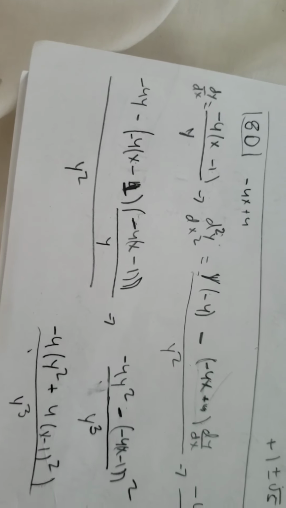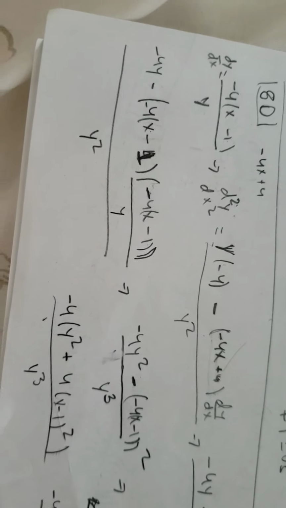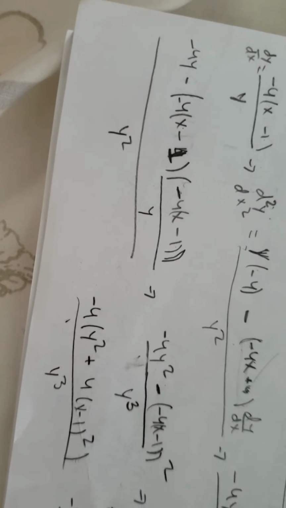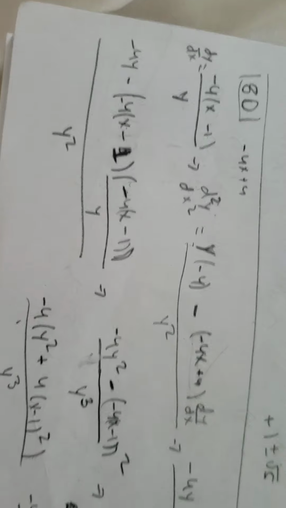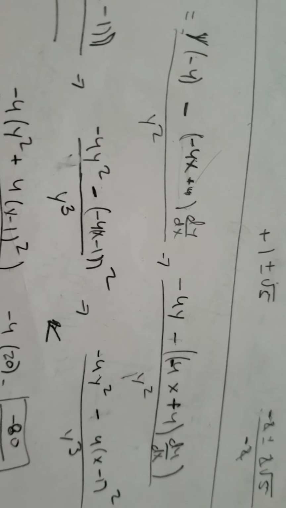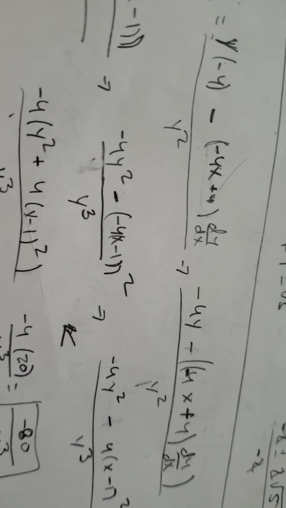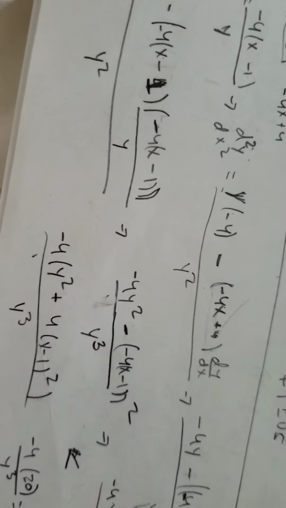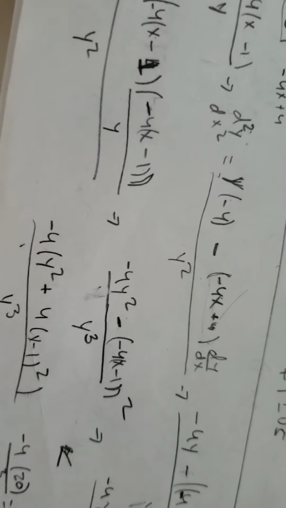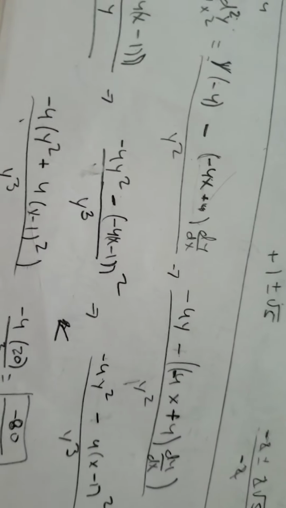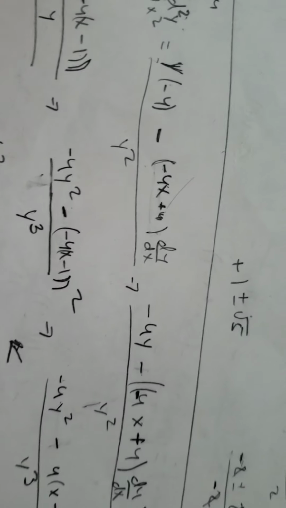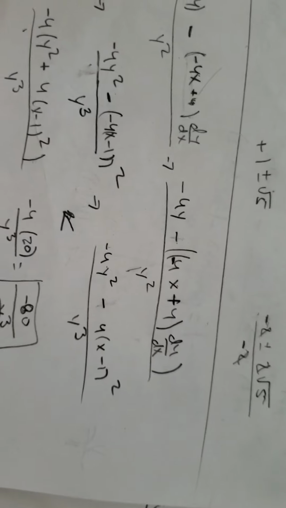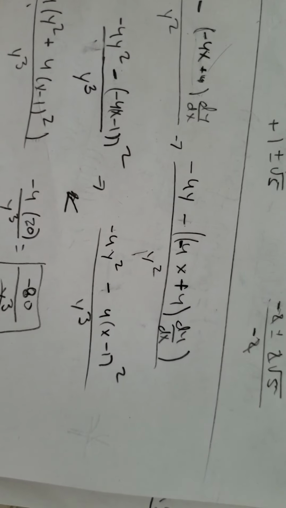Moving on, algebra. I needed to add it, subtract it, so I multiplied the left by y over y. I got negative 4y over y, and the right was this over y already. So then the y on the bottom times the y squared equals y cubed. So then I got negative 4y squared minus 4 times x minus 1 squared.